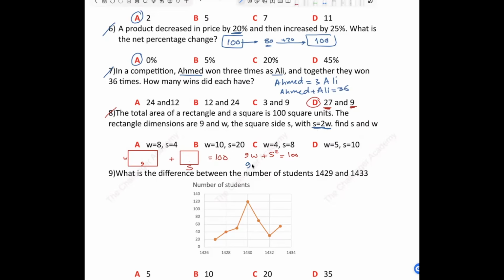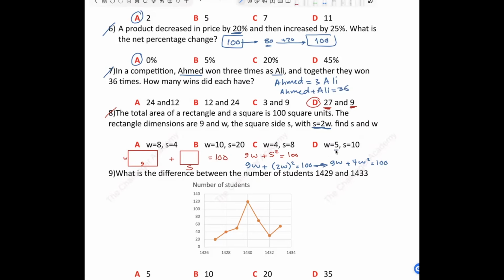So 9W plus 2W all squared equals 100. You can write it as 9W plus 4W squared equals 100. Also, you can check the choices and see which one is the solution for this equation.